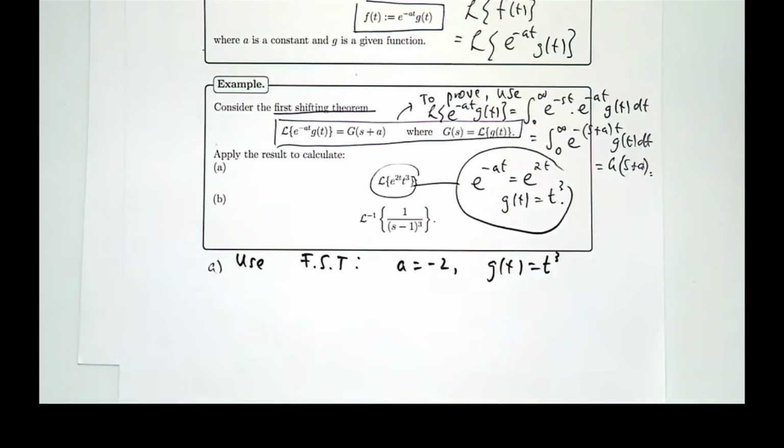All right, so the first thing we're going to do is compute the transform of little g of t, right? Once we've done that, we'll shift the transform by a units. Okay, that's the idea.